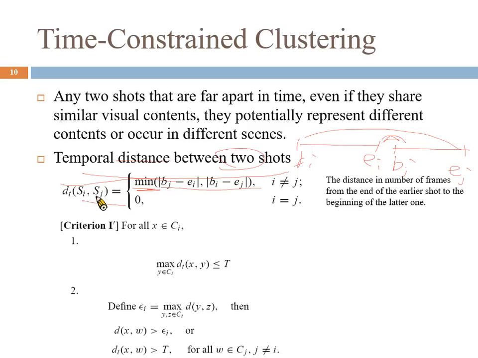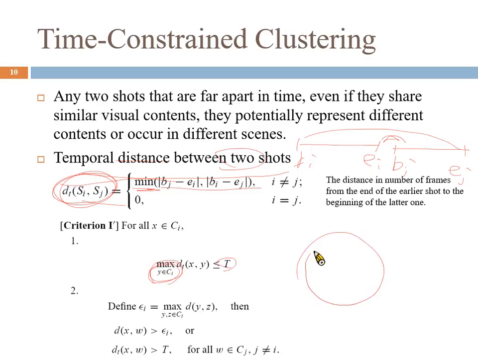Okay, so here we define the time distance, and the criterion to cluster video shots is like this. We need the video shots that belong to the same cluster to have distances between them that are all less than t.